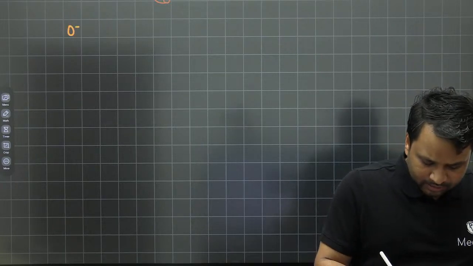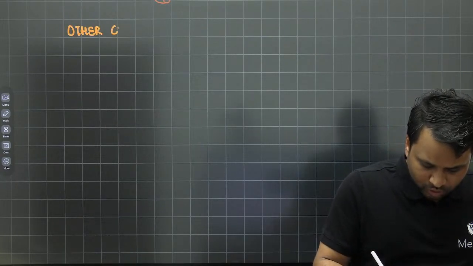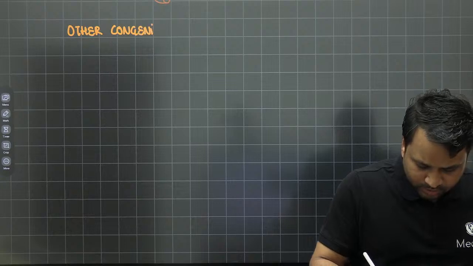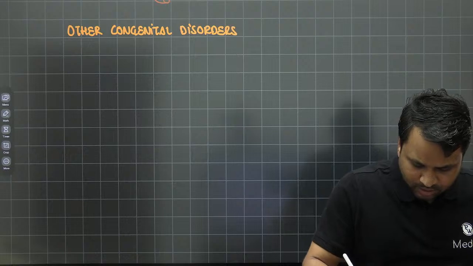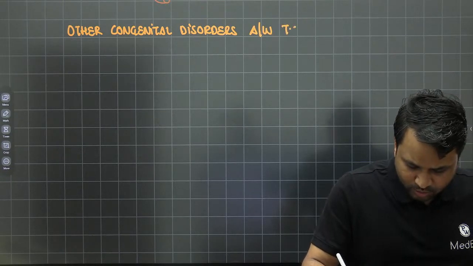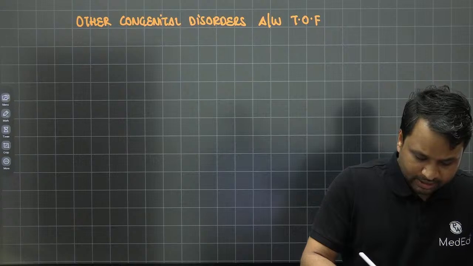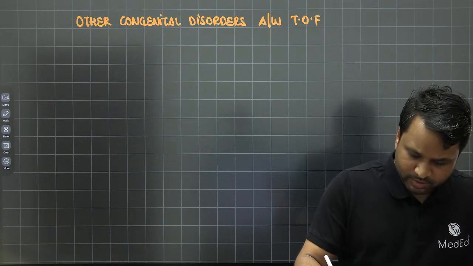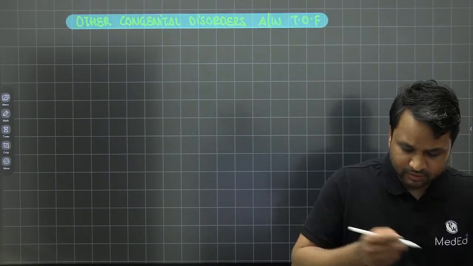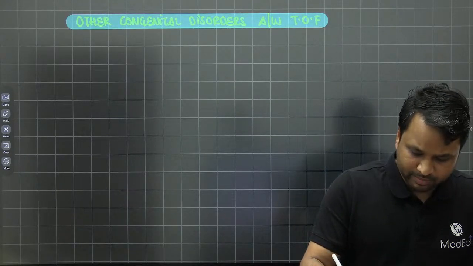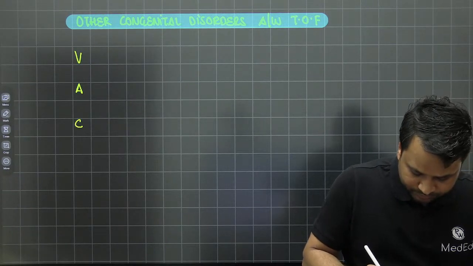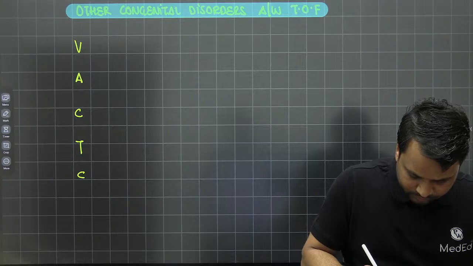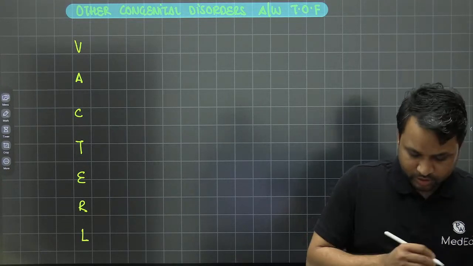So what are the other congenital disorders associated with tracheoesophageal fistula? They can be remembered by a small mnemonic, which we call VACTRL.